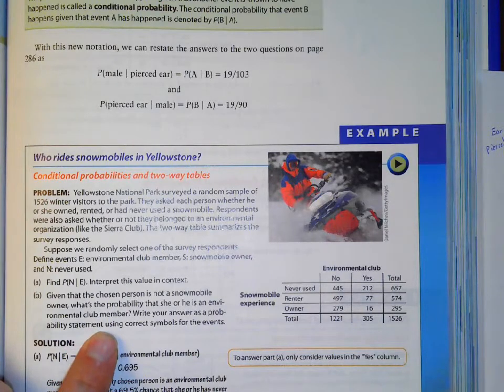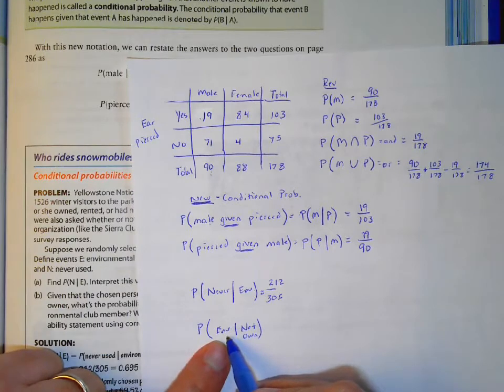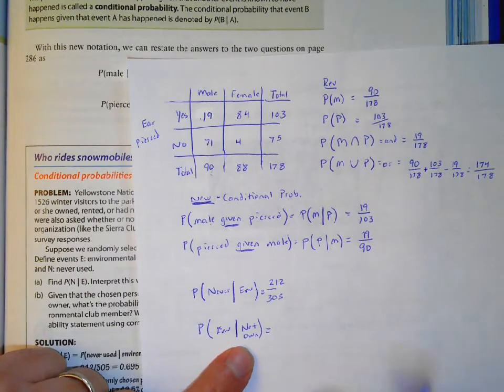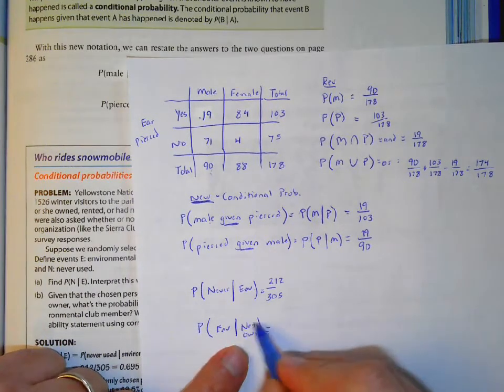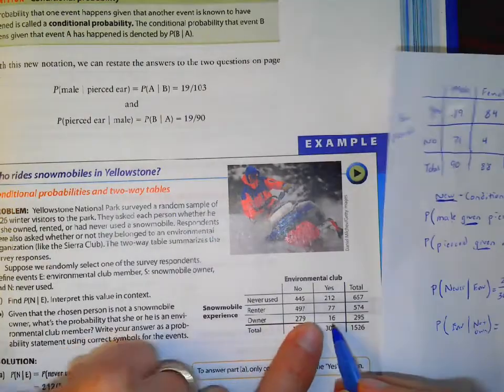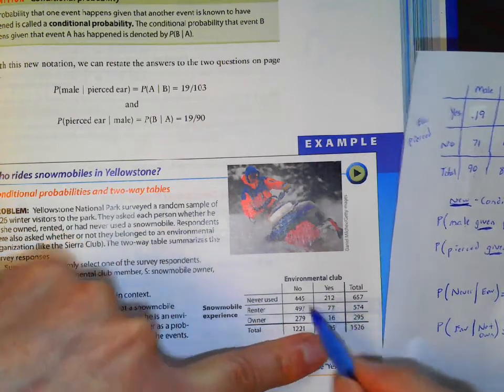Okay, so writing it as we want the probability that they're in an environmental club given that they are not an owner. So we're not looking at everybody, we're just looking at non-owners. These people are owners, so these people are not owners.